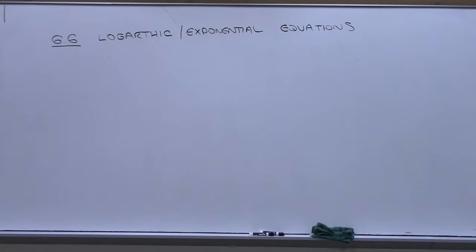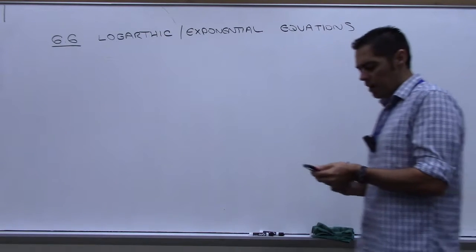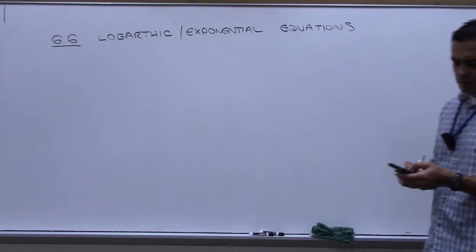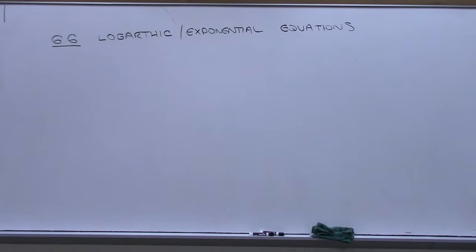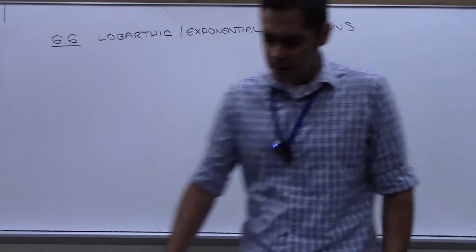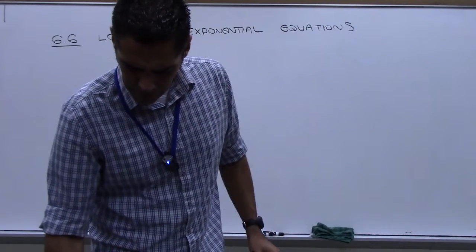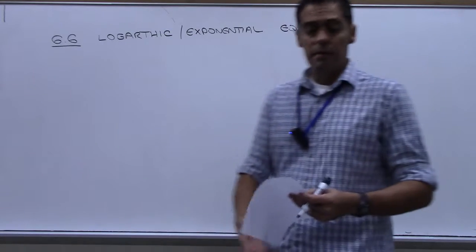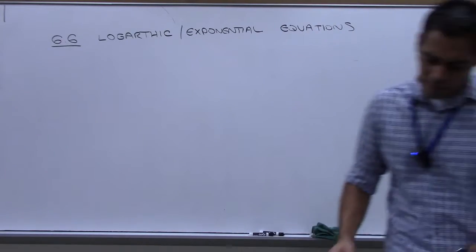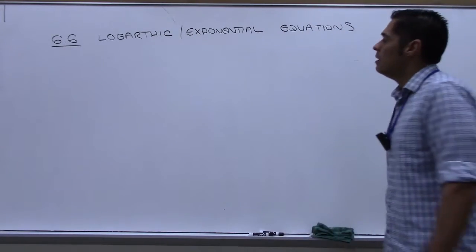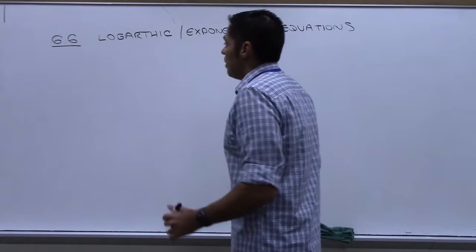So remember last class we did the properties of logs? Right, we had properties of logs last class. Expanding and condensing. That sheet I gave you, does everyone have that handy? Yes? Okay. So let's start off looking at a couple of things that we need to remember.